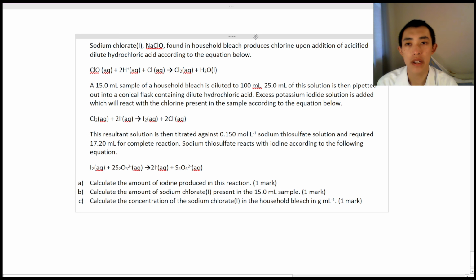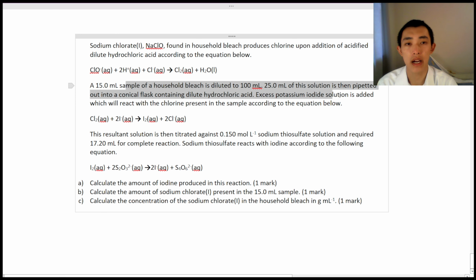Sodium chlorate, found in household bleach, is the active ingredient. It produces chlorine upon addition to acidified HCl, as shown in this equation. That's the chlorine. A 15 milliliter sample of household bleach is diluted to 100 milliliters. 25 mL of this solution is then pipetted into a conical flask containing dilute hydrochloric acid.